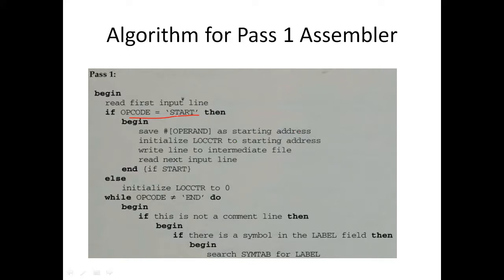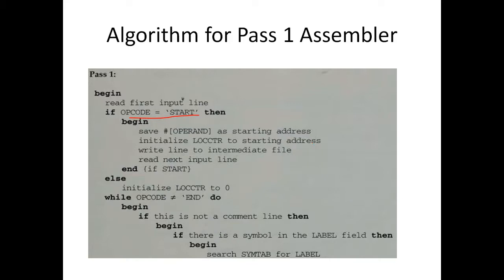As you have seen in the previous example, START had 100 as the starting address. You save that address as the starting address, and initialize the location counter to the starting address.